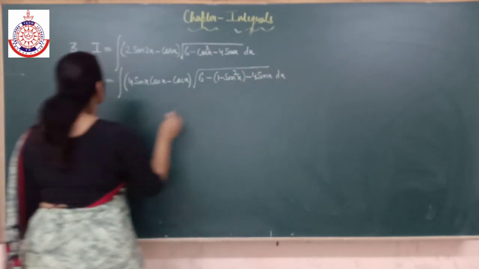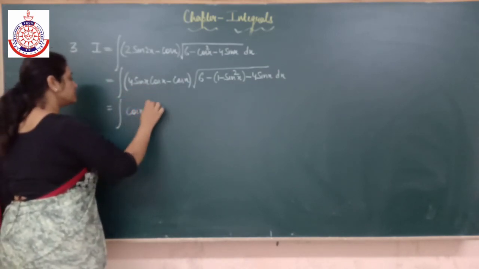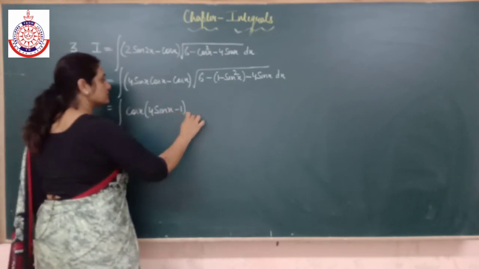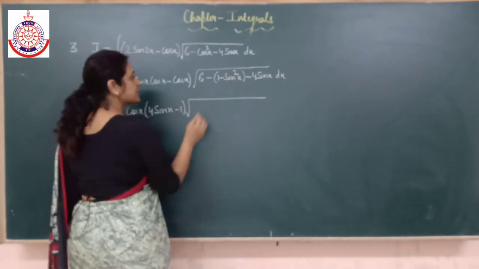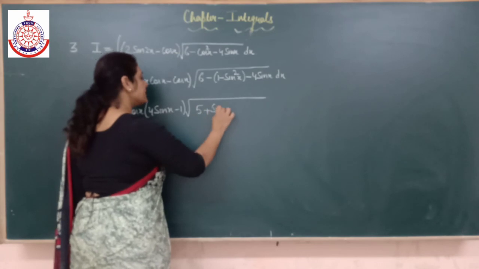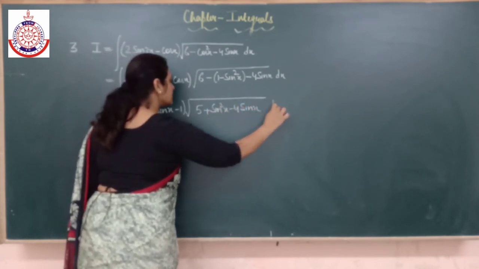From here I can take cos out and write it properly. It will be 6 minus 1, 5 plus sine square x minus 4 sine x dx.